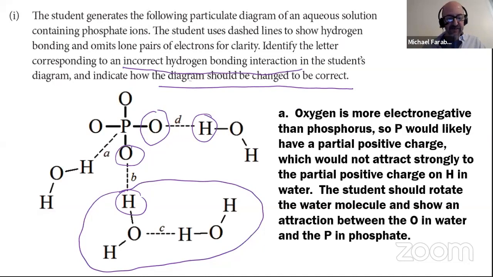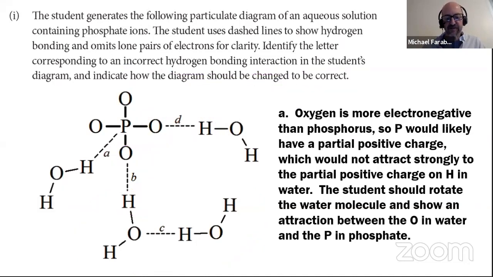So since oxygen is more electronegative than phosphorus, it is likely that in the phosphate ion, the phosphorus would have a partial positive charge. Therefore, the partial positive of hydrogen in a water molecule would not be connected to the partial positive charge in the phosphate.